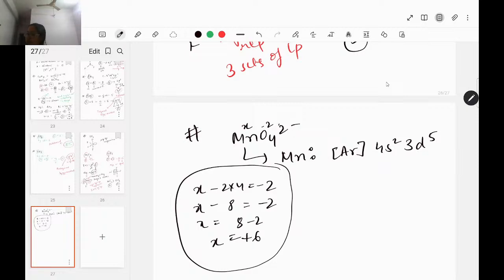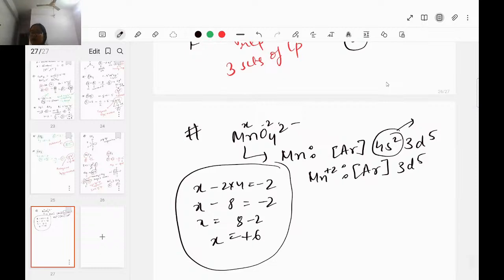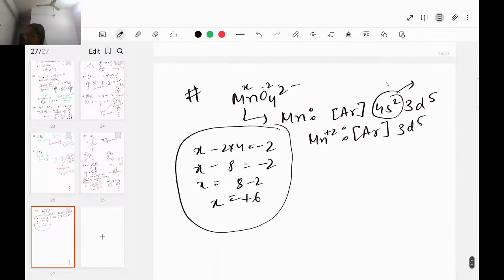So manganese plus 6 will have an electronic configuration of argon 3d1. Okay, why only 3d? Because the electrons from manganese escaped from the 4s orbital first. Now why did it escape from the 4s orbital? It is due to the n plus l rule, and there are many other factors, but we will be discussing these things in atomic structure.